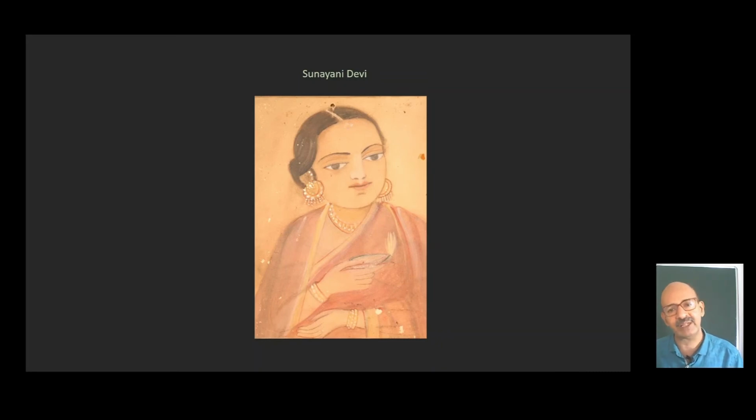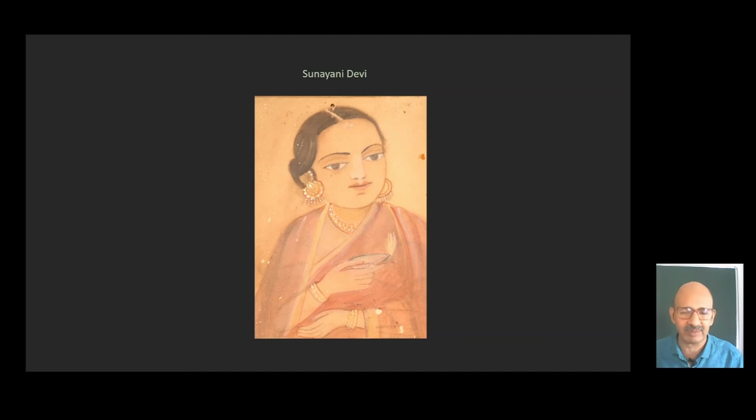Then we have from Tagore's family Sunayani Devi, an exceptionally brilliant painter who, despite remaining with her house chores and domestic duties, could manage to find time and did some marvelous paintings. Today, Sunayani Devi is a much sought after painter also in the art auction market and elsewhere.